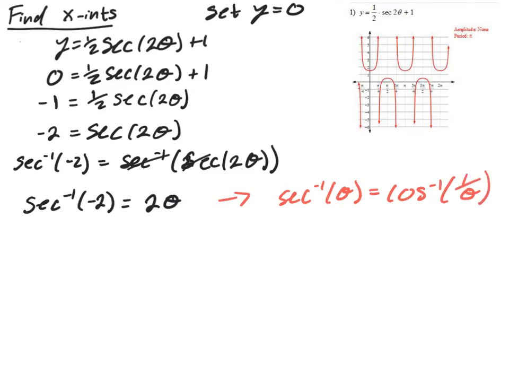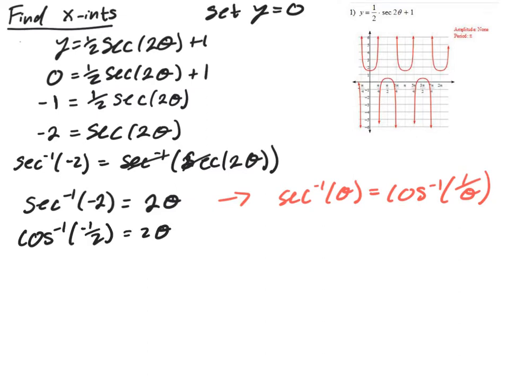We're going to use that relationship in order to start working with cosine, which we're a little bit more familiar with. So if this is secant inverse of -2, this is really inverse cosine of -1/2 equals 2 theta.